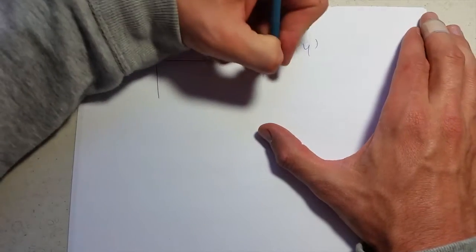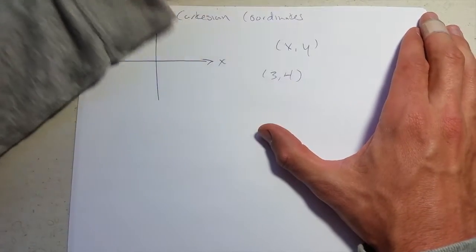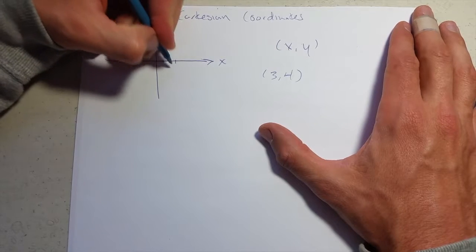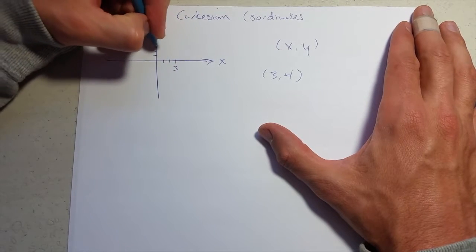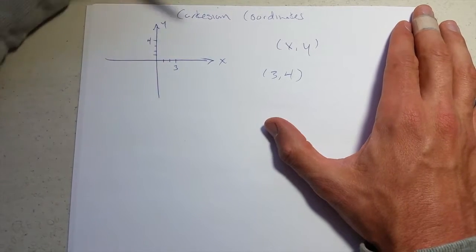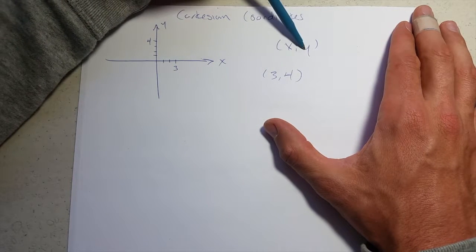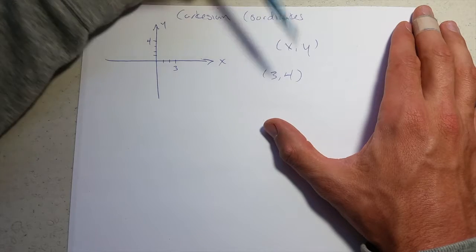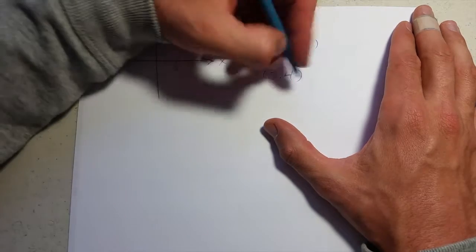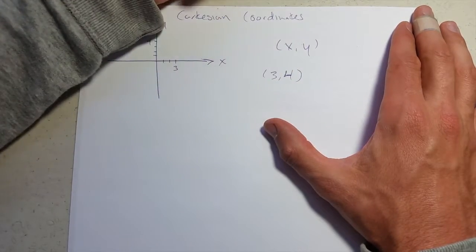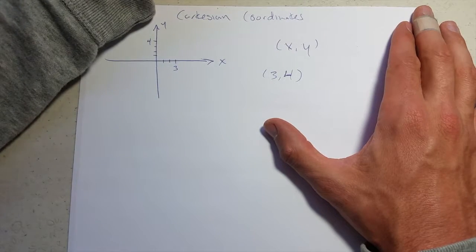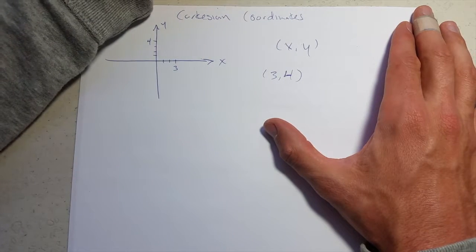So we'll plot a couple points. (3, 4): over 3, up 4. Here's a good time to talk about handwriting in math. You don't want your 4s to turn into y's or your y's to turn into 4s. You're going to notice mine are pretty close. I try to keep my 4s pointy, and my y's tend to get a little pointy sometimes too.